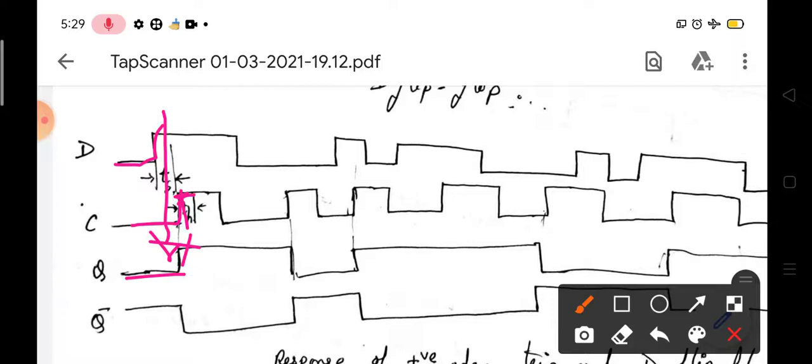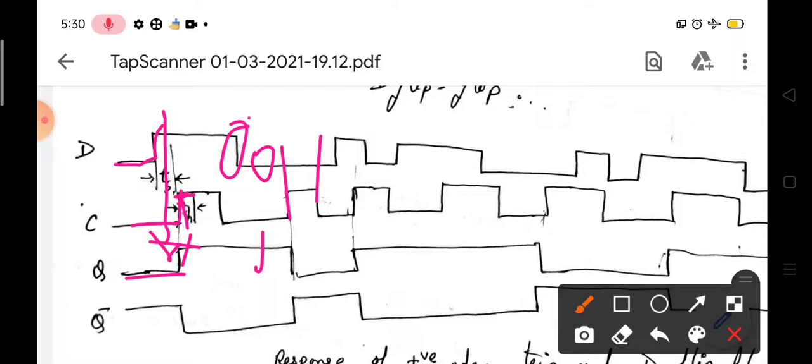Here one more thing you can see: D is becoming 0 when your clock is low. Now D is 0, however as I said it's an edge triggered flip flop, so even though D is 1 here, this 1 is still here because we know that it is a positive edge triggered flip flop.